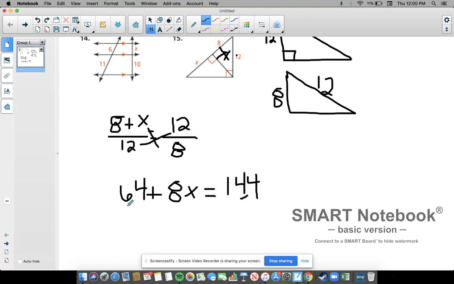Now when I go to solve, I can subtract the 64 across, so I get 8x equals 80. Therefore, when I divide that 8 through, I end up with x equaling 10.